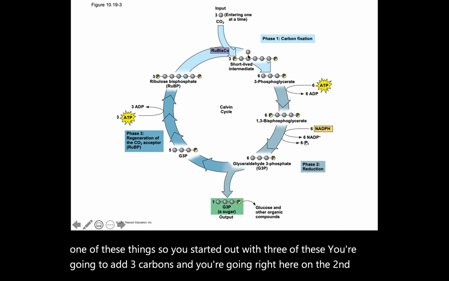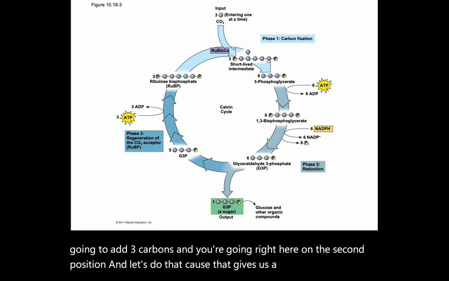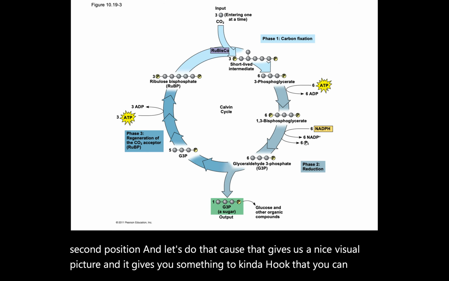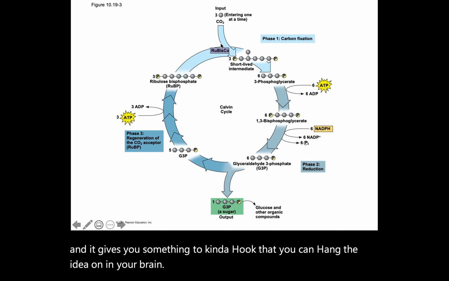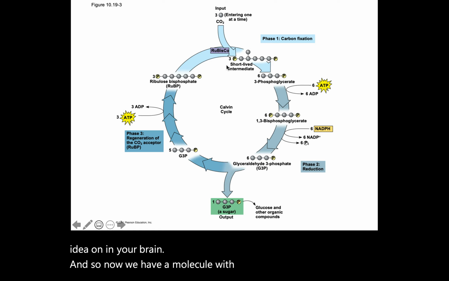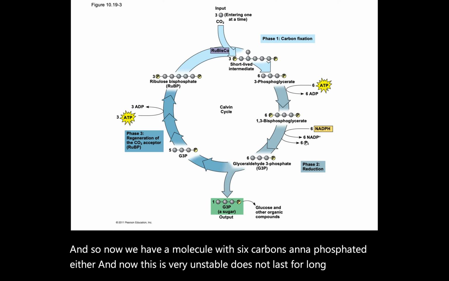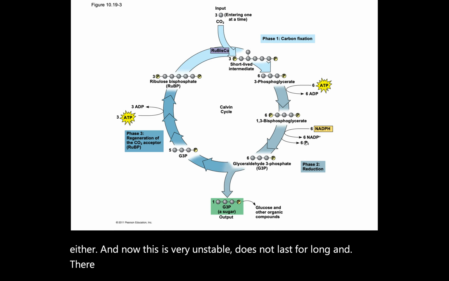And let's do that because that gives us a nice visual picture, and it gives you a hook that you can hang the idea on in your brain. And so now we have a molecule with 6 carbons and a phosphate at either end. Now, this is very unstable, does not last for long, and there are enzymes involved at just about every step of this process.